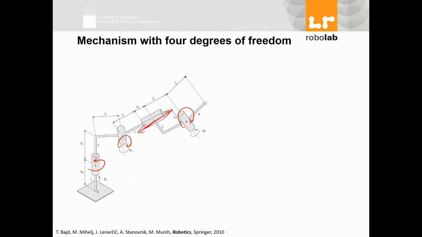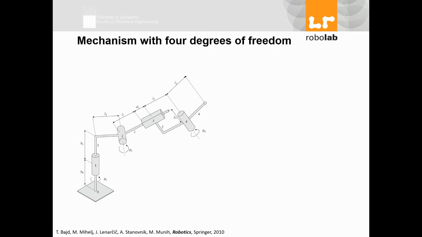Is this an easy or difficult one? So give me a feedback. In the scale of 1 to 10, how difficult or easy is to write the homogeneous matrix for this robot? 1 is very easy. 10 is, well, I can't do it.